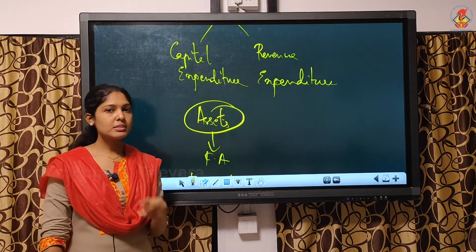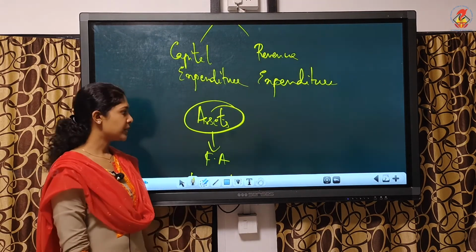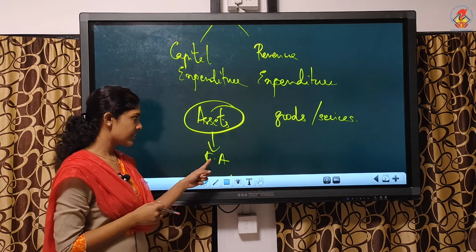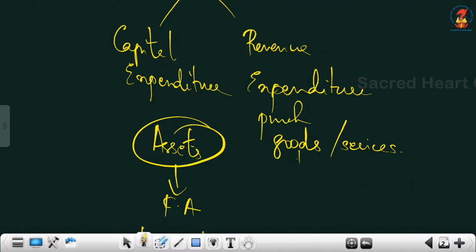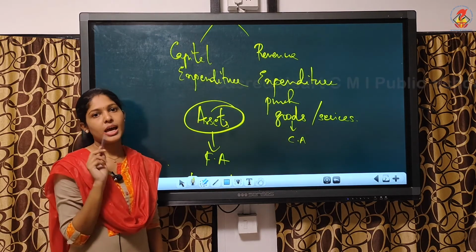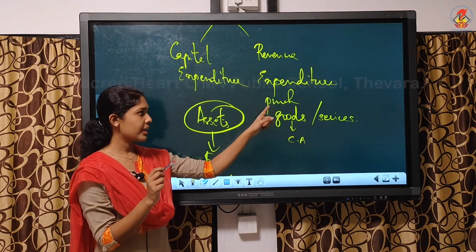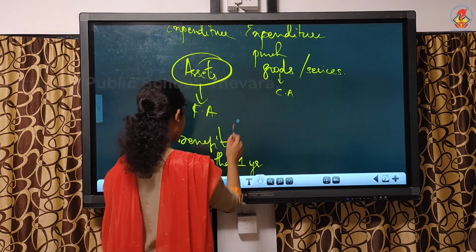Revenue expenditure means the amount spent or the amount payable against purchase of goods or services. Instead of fixed assets, here what we are purchasing is goods. The basic nature of goods is current asset.